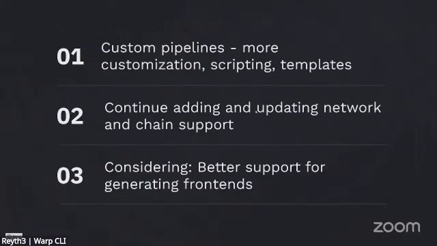We're also going to be adding more chains and updating support for existing chains, because currently we have, I believe, one generic pipeline for a CosmWasm 2 based blockchain, plus some special ones like Archway, Secret Network, Injective, Zion, and other chains that have some special requirements and change the way they work. So those pipelines fit the specific use cases.